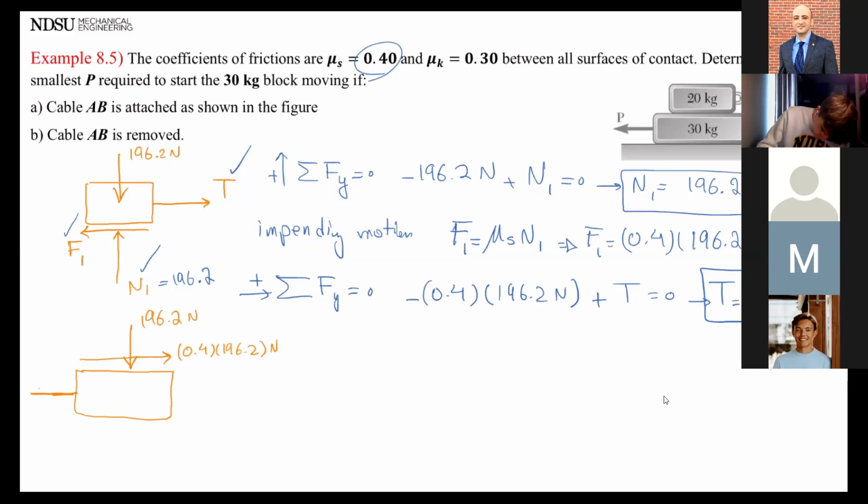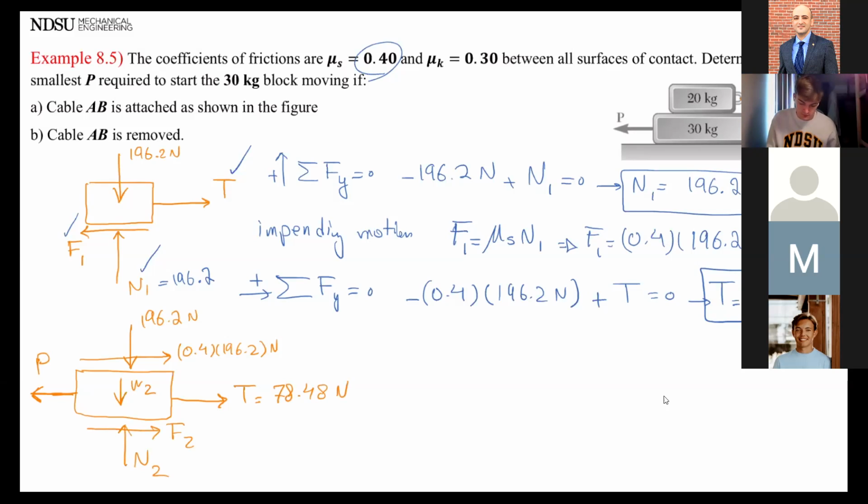I have force P. I have W2. I have tension T, which is equal to 78.48 newtons. It's the same rope, so the tension on the rope is the same tension on block B. And I had F2 and N2. All right.